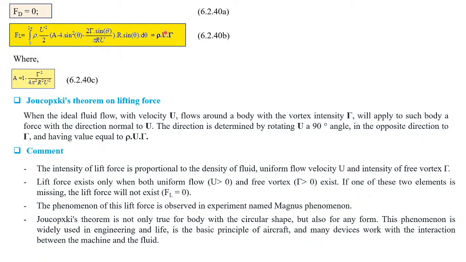If we just have gamma, then this one is also zero. So just U different from zero and gamma different from zero, both different from zero, then this one is different from zero. That means FL exists only if U and gamma exist at the same time.